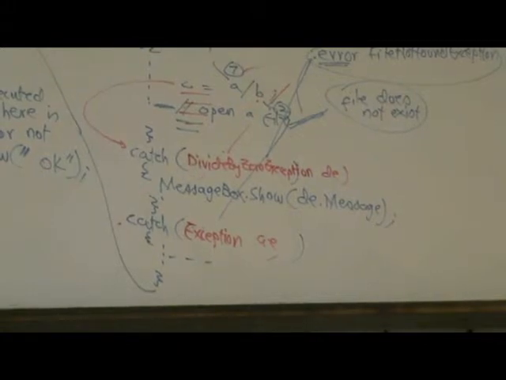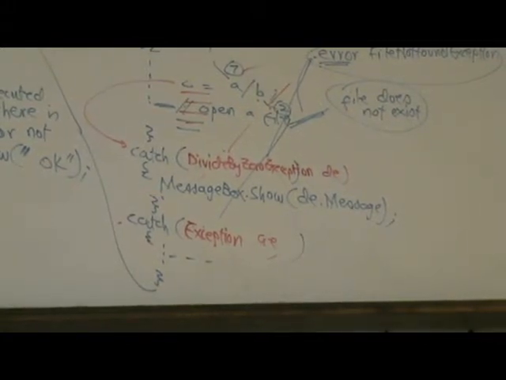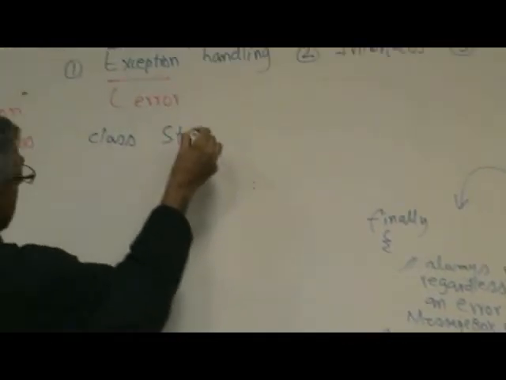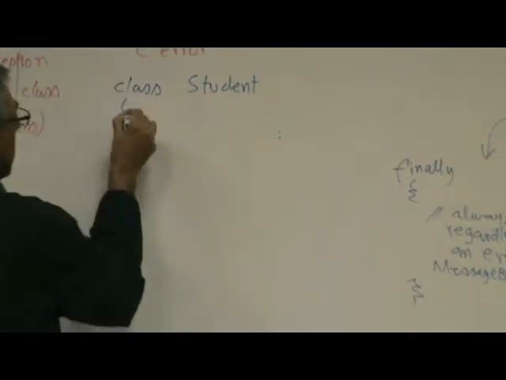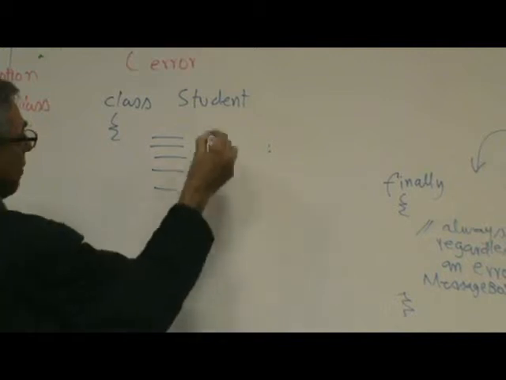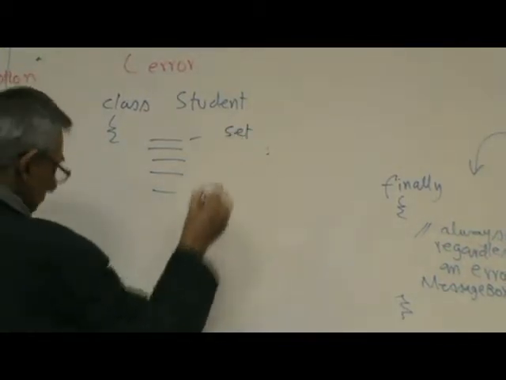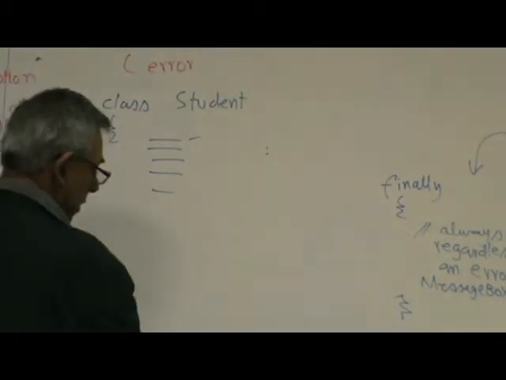Okay, so now let's pretend we were writing some application. We created a class called Student, with all the 5 fields, each with a get and a set part.